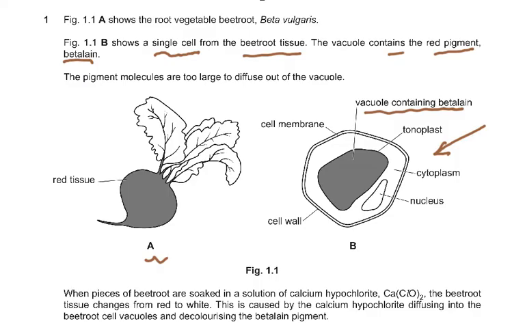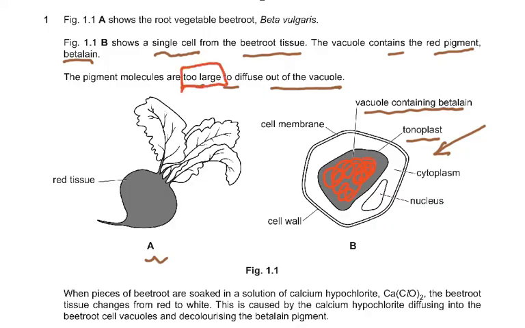The pigment molecules are too large to diffuse out of the vacuole. The vacuole has a membrane, the tonoplast, so the red pigment cannot come out. It stays inside, because it's too large.